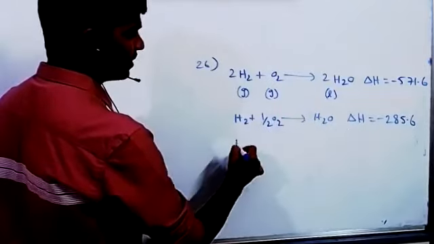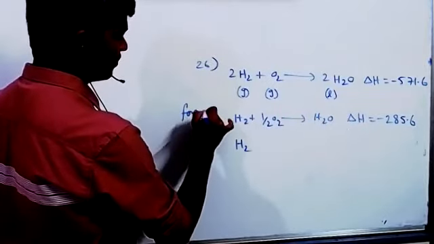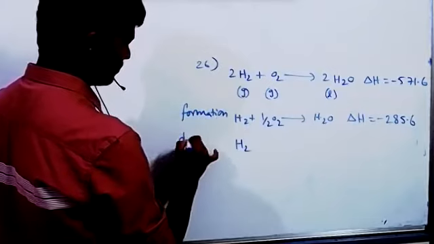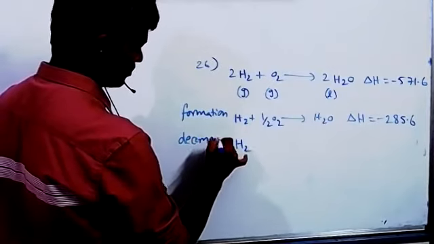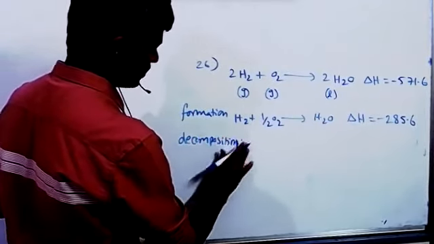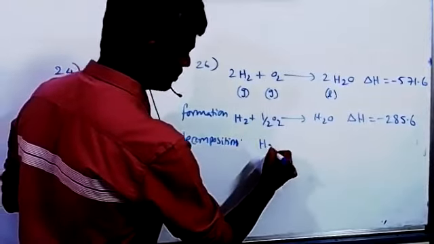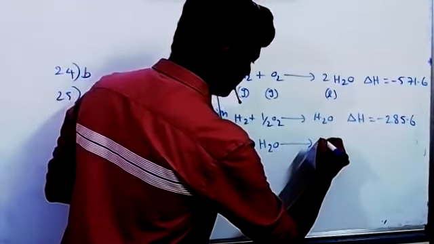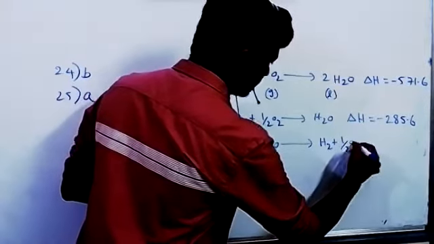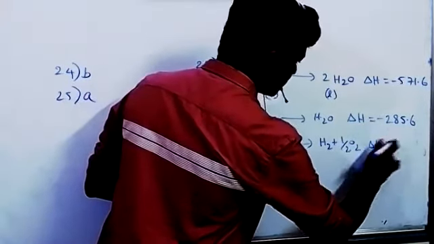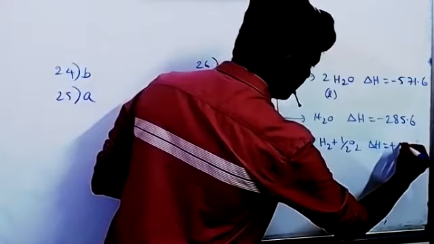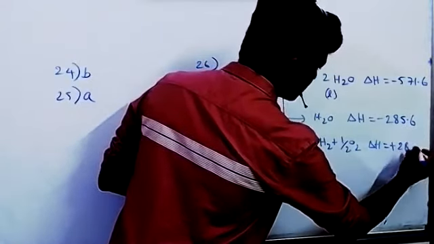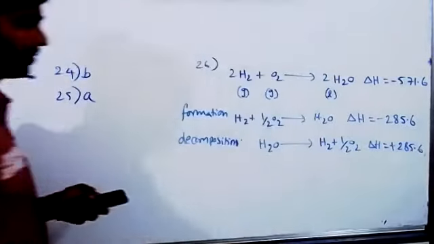Decomposition is the reverse. When H2O decomposes, it gives 1 mole of H2 and half mole of O2. Then delta H becomes reverse, only the sign changes, plus 285.8 kilojoules per mole.